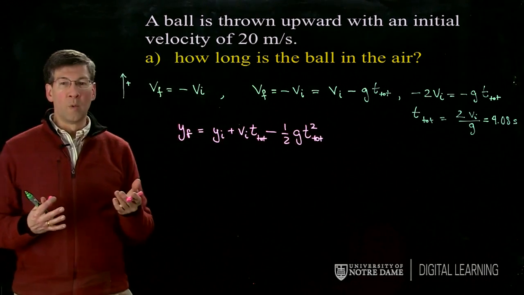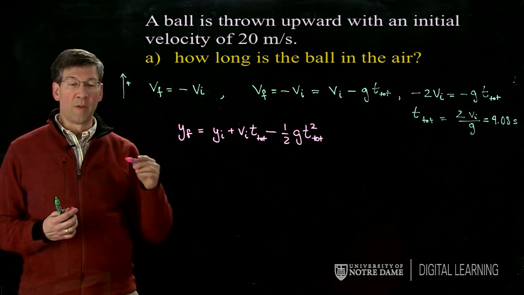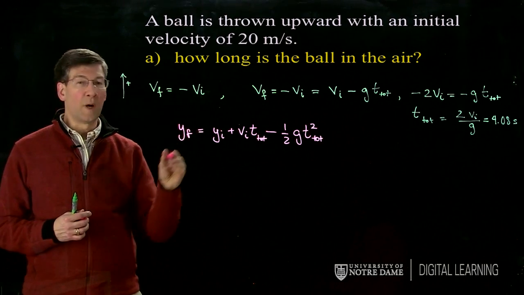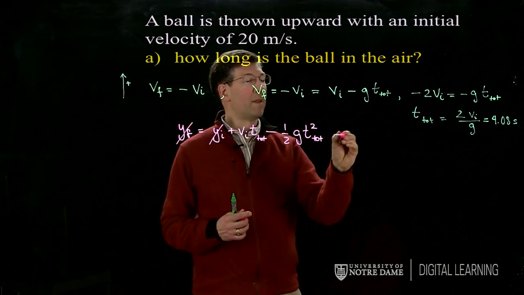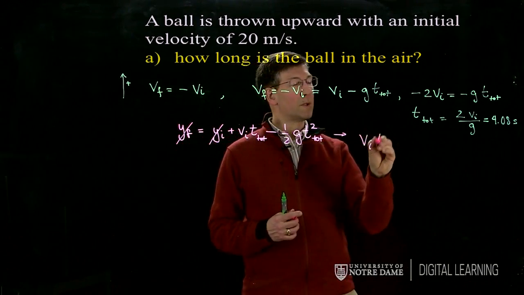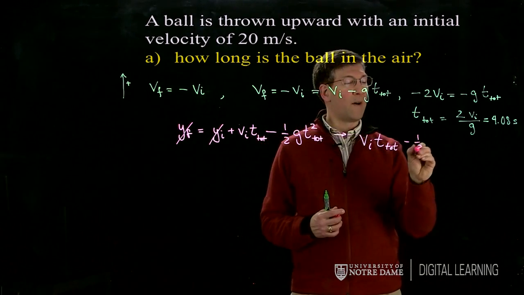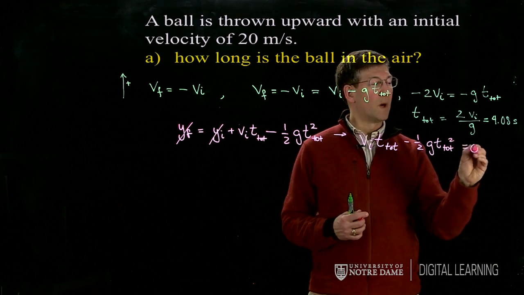We can say that the initial and final positions are the same, since I throw the ball up from the ground and it comes back down to the ground. So y final is equal to y initial, and so these cancel out. That leaves me with v initial times the total time minus 1/2 g times t total squared is equal to 0.